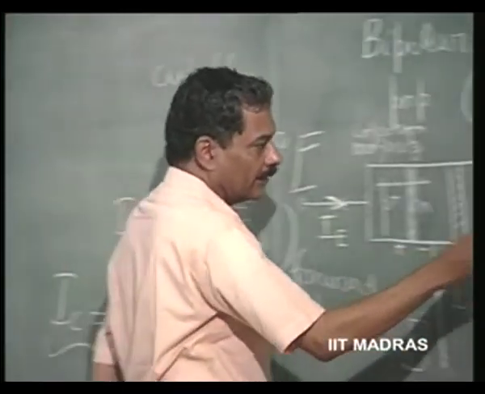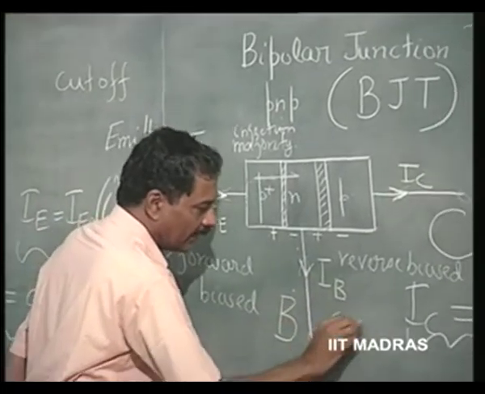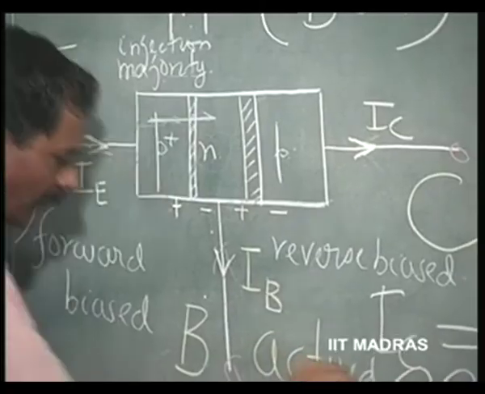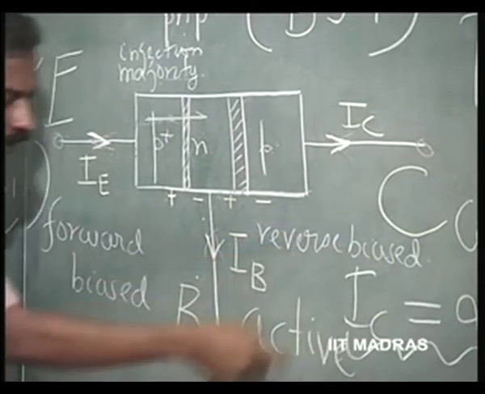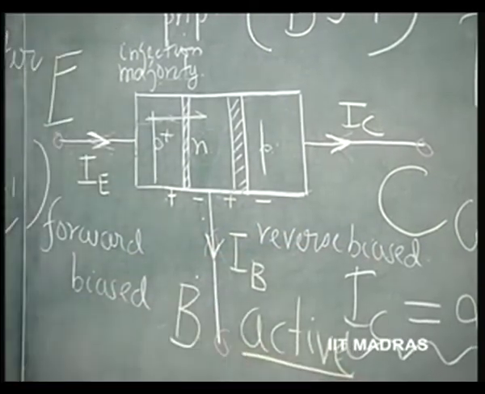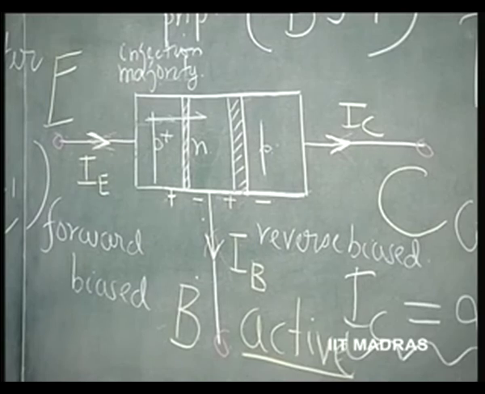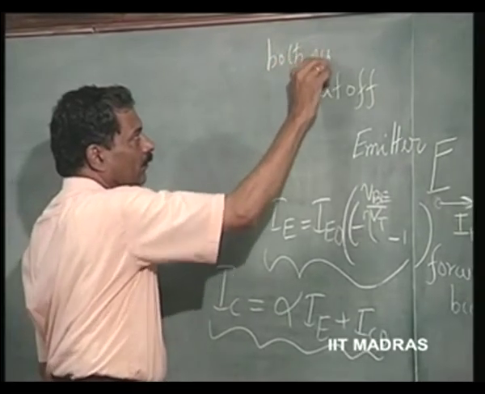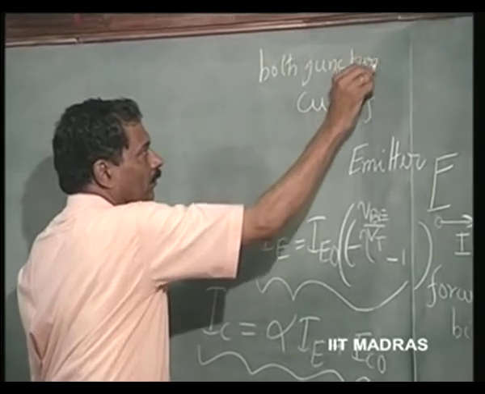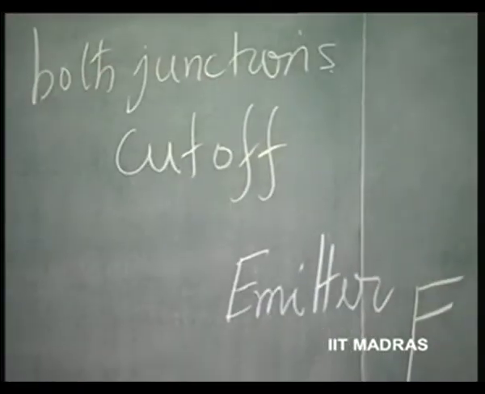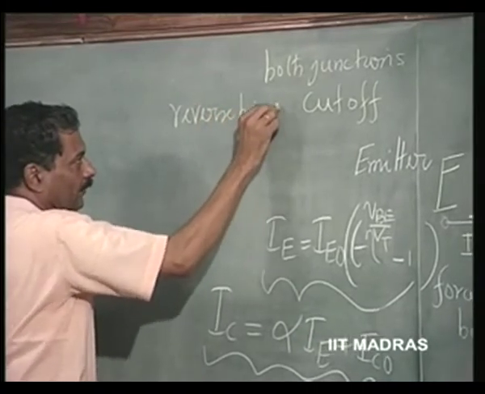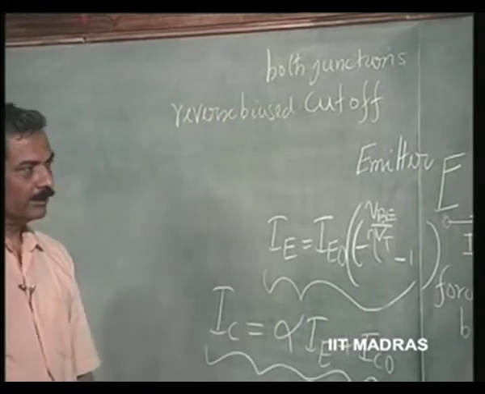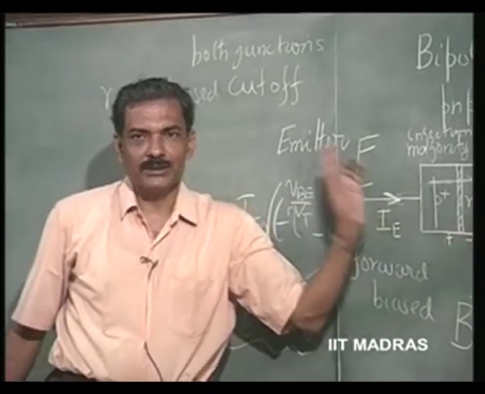The active region is where one junction is forward biased and the other junction is reverse biased. When both junctions are reverse biased, the transistor is cut off, it is open. It is equivalent to an open circuit here and an open circuit here.